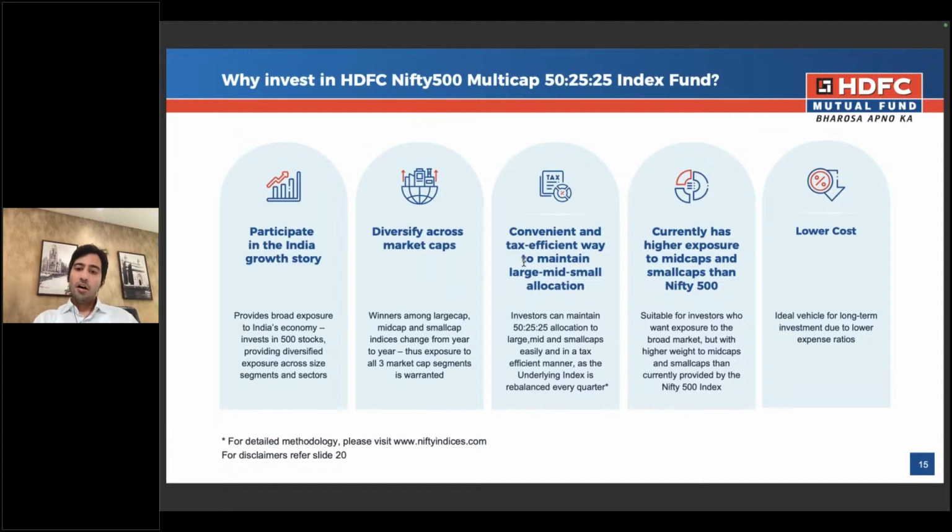ठीक है। Fourth point is कि अभी the index has more exposure to mid and small than Nifty 500. So again, for investors who have a little bit higher risk tolerance, they believe in the growth potential of mid and small. So then the multi-cap version could be suitable for them. And lastly, lower cost. So generally, compared to other funds in the market, because this is a passive product, generally expenses tend to be on the lower side.